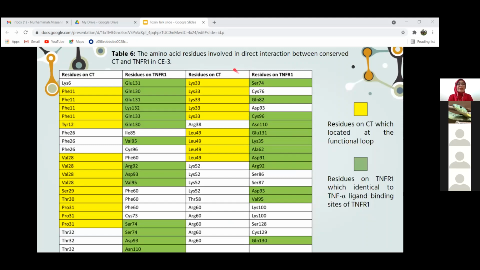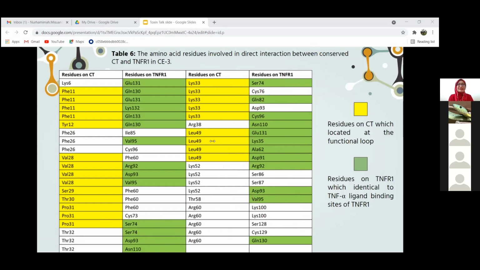Of the residues of CT shown in this table, approximately 56.1% resided in the functional loop of CT, as highlighted in the yellow color here. On the other hand, a total of 41 residues of TNFR1 interacted with CT, where 65% of them were identical to the TNF-alpha ligand binding site of TNFR1, and this is highlighted in the green color in this table.